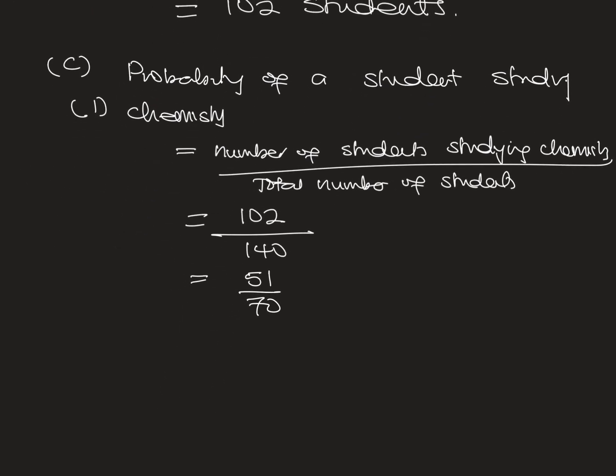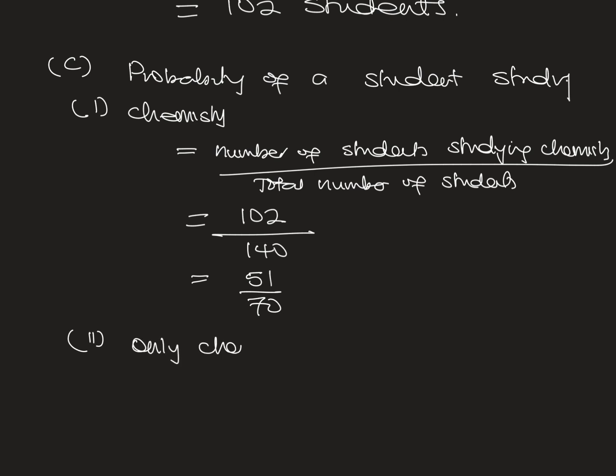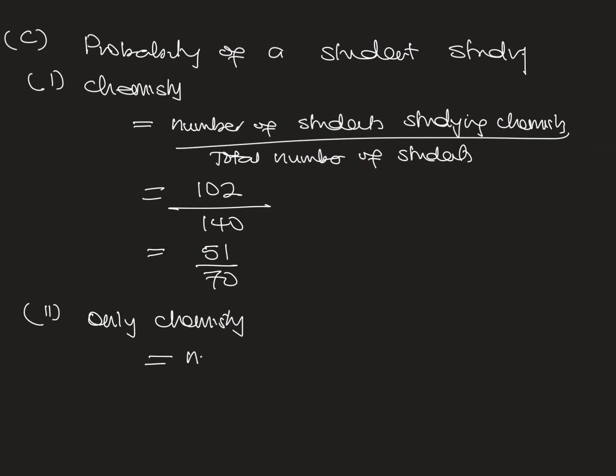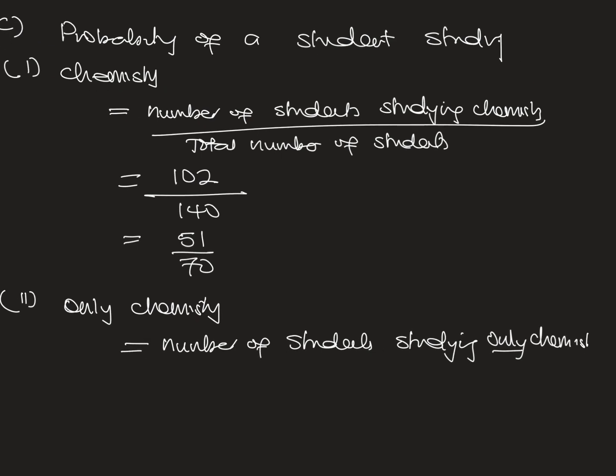Okay? So what of chemistry only, or only chemistry? What is the number of students studying only chemistry? Number of students studying only chemistry all over the total number of students.